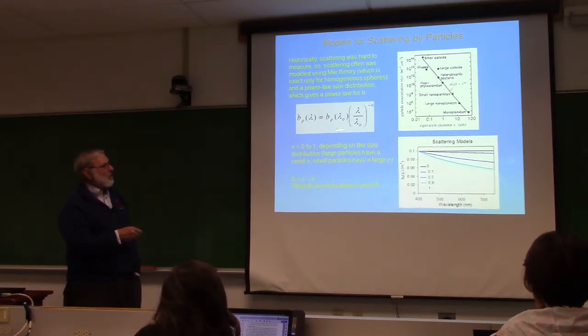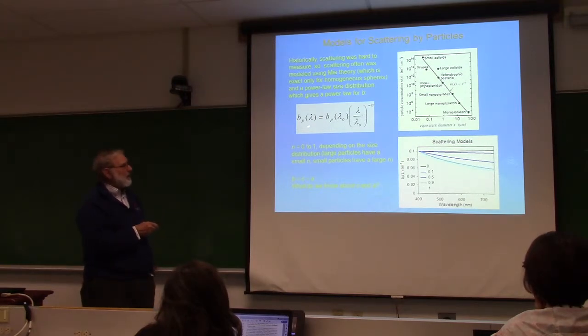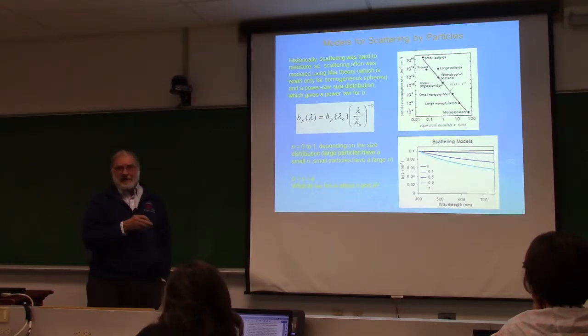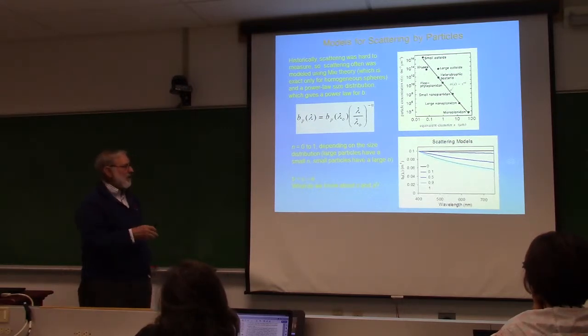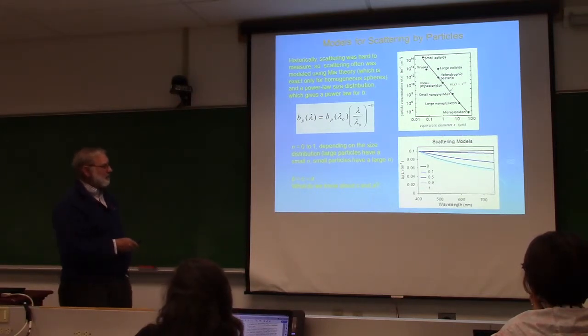So people would model the scattering coefficient. They might have an instrument that measured it at one wavelength, typically 555 nanometers in the green. Then to get the scattering at other wavelengths, they would use a model like this, and they would just assume a value of n, something like 1. And that was the state of the art in 1980, let's say.